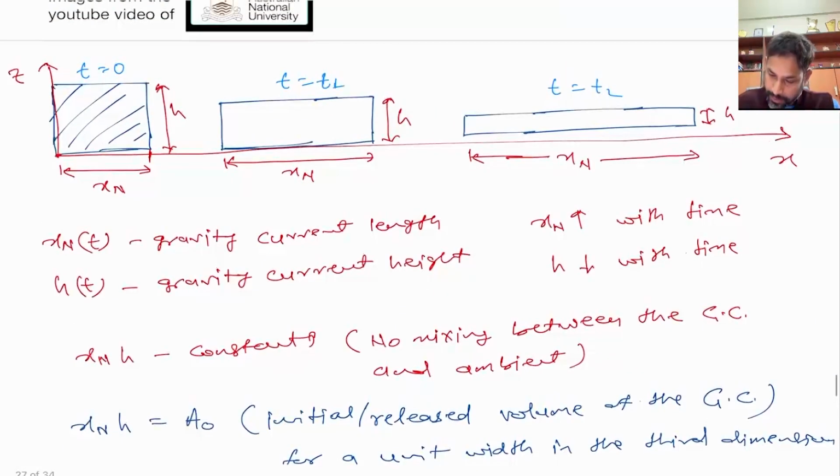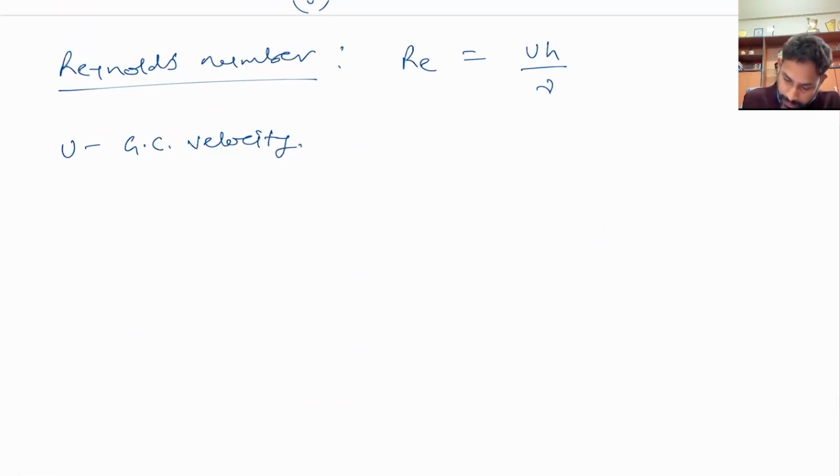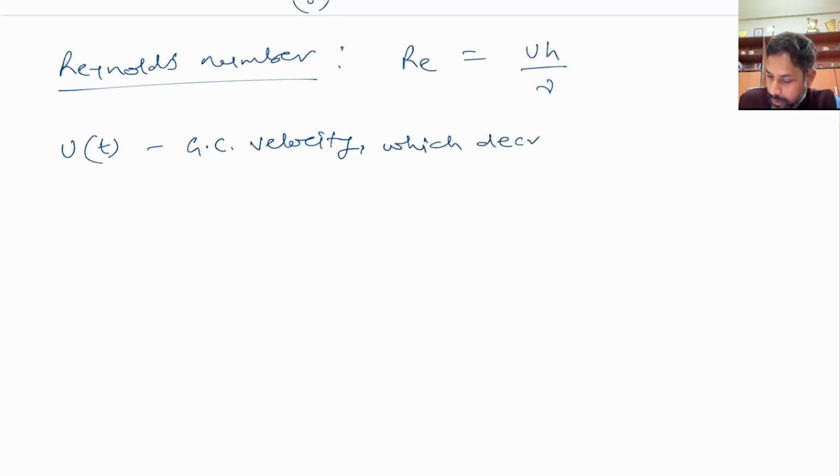Okay, and that is basically the speed with which this is going. So u is basically a function of time. u of t is the gravity current velocity, which decreases with time.